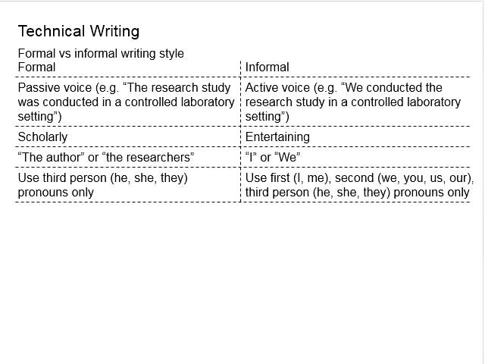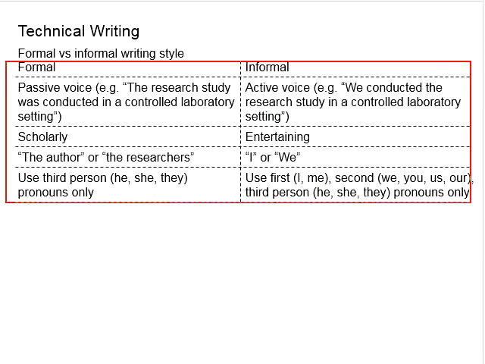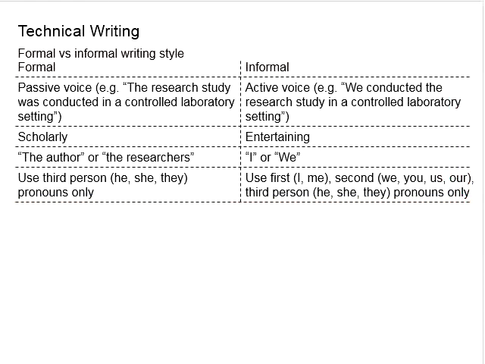In contrast, the informal writing style is meant for entertaining. The table here compares the two writing styles. You use the passive voice for the formal writing style, while the active voice is for the informal writing style.